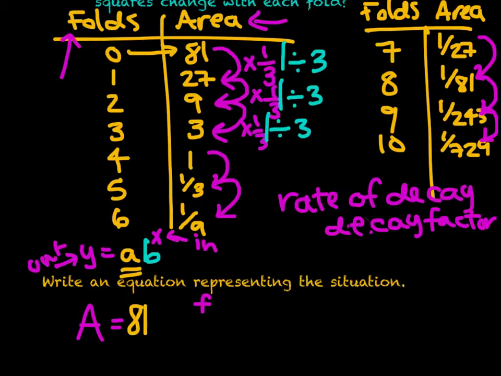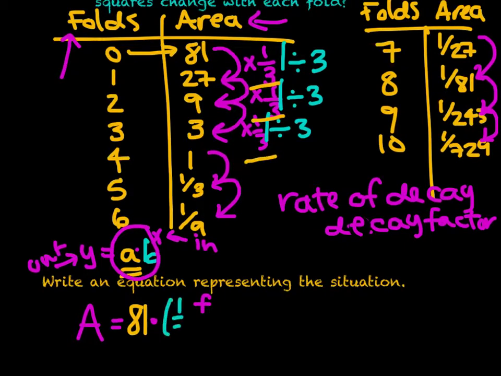And then what are we doing every single time? This operation that's happening in between a and b is typically a timesing. Well, actually, it is a timesing. There's no typically. It is being multiplied. So we have a multiplication happening here. How are we multiplying each and every time? We're multiplying by 1/3.